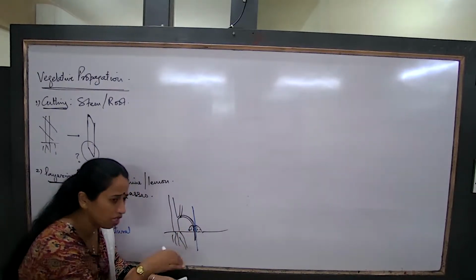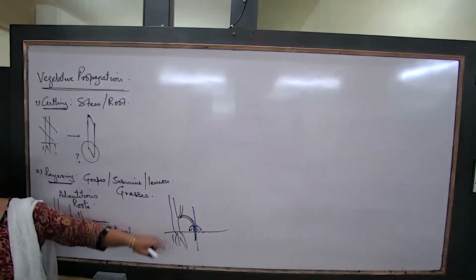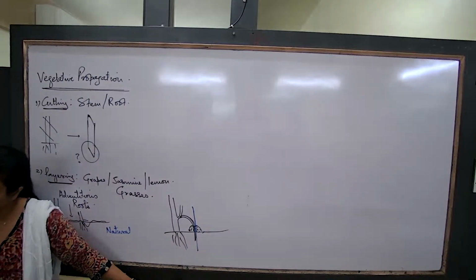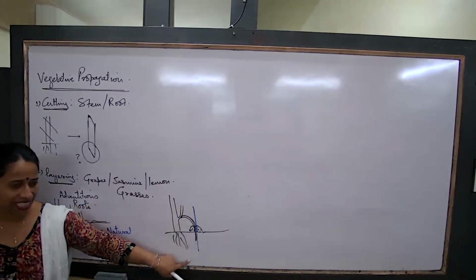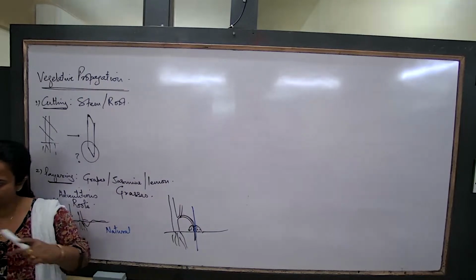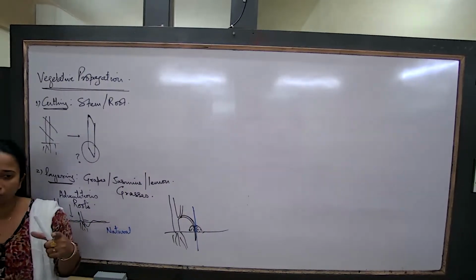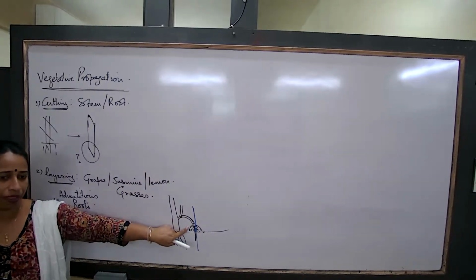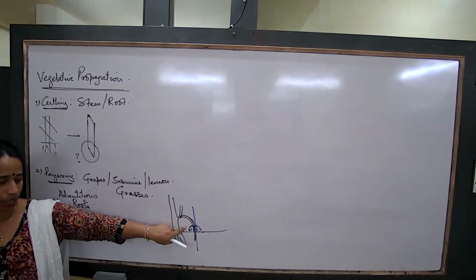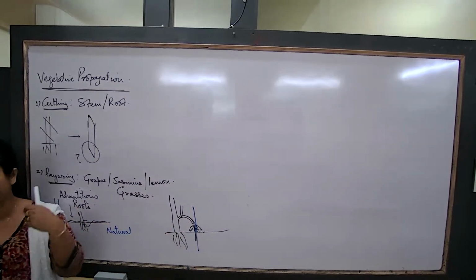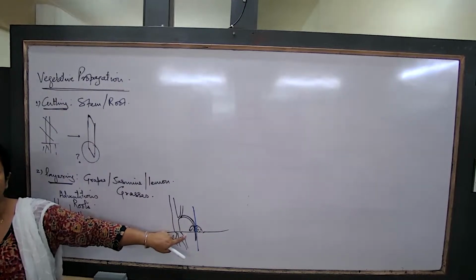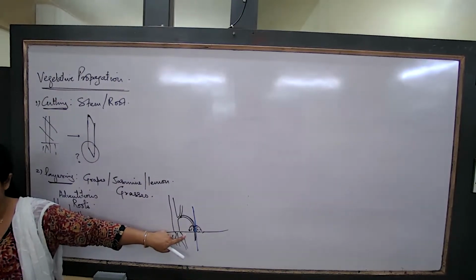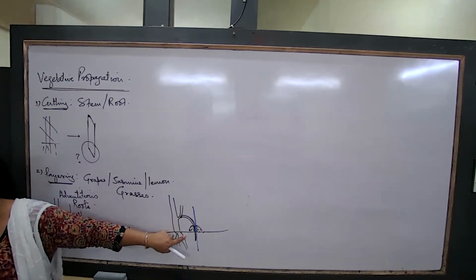Why all these things? So that this branch, which has been dug into the soil, should not revert back. So the stick is there, and a big mound of soil is kept here. Quite a number of times some hormones are also added to speed up the process of growth.